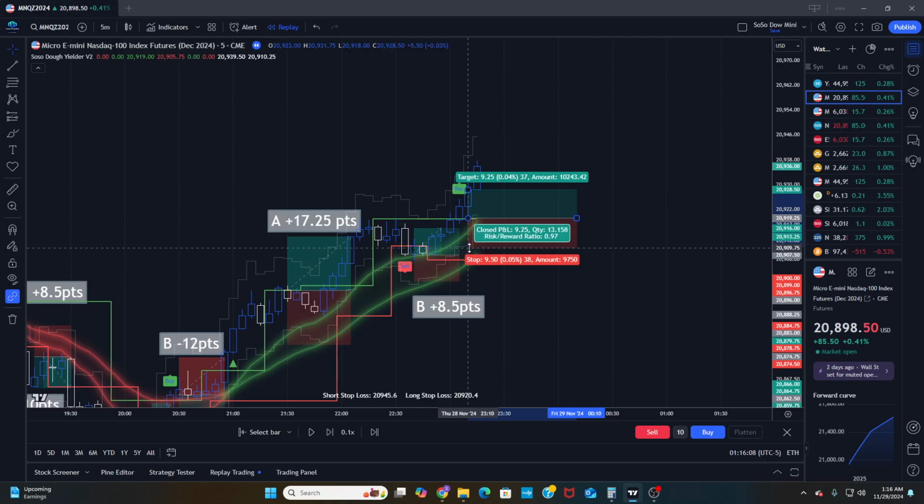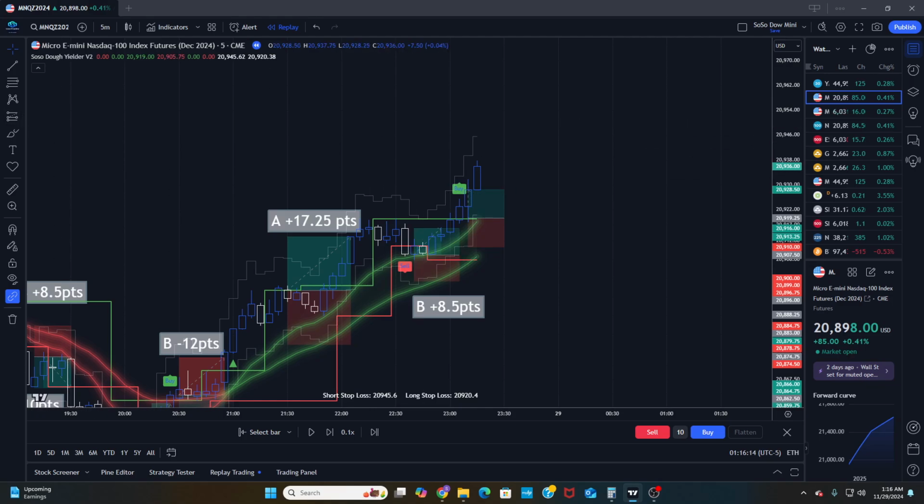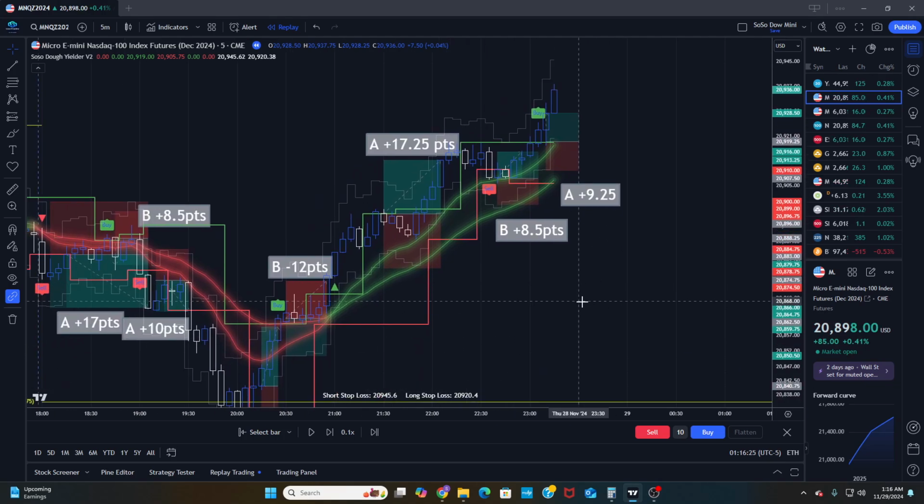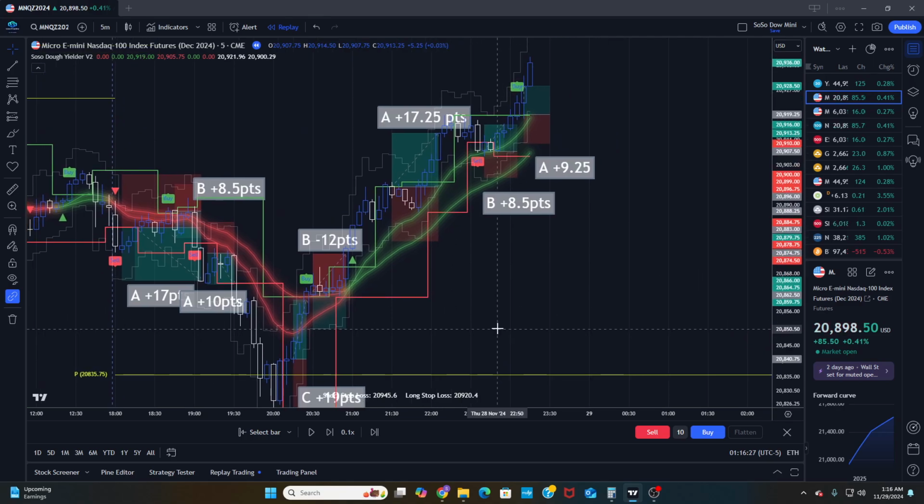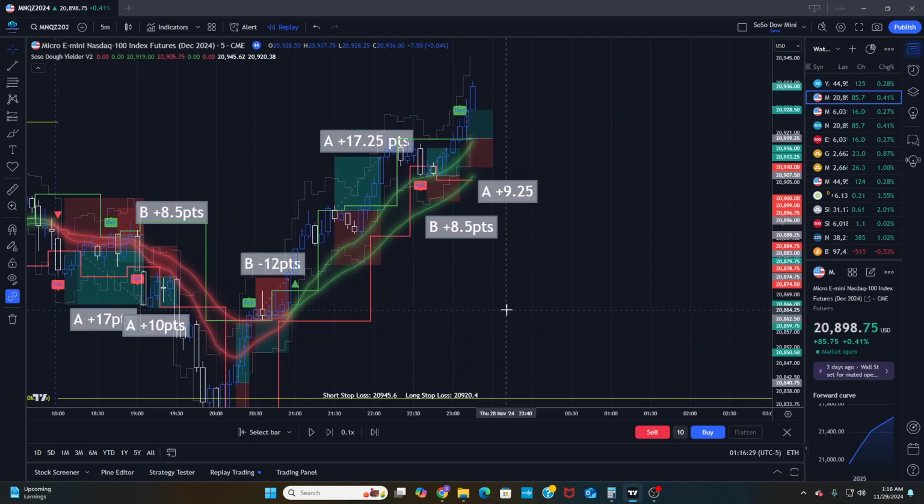It's actually that line, so it's 9.25 points. Right there, right there. Standard A trade. Remember, a point's $20 on NQ, so we've racked up quite a nice little purse here.